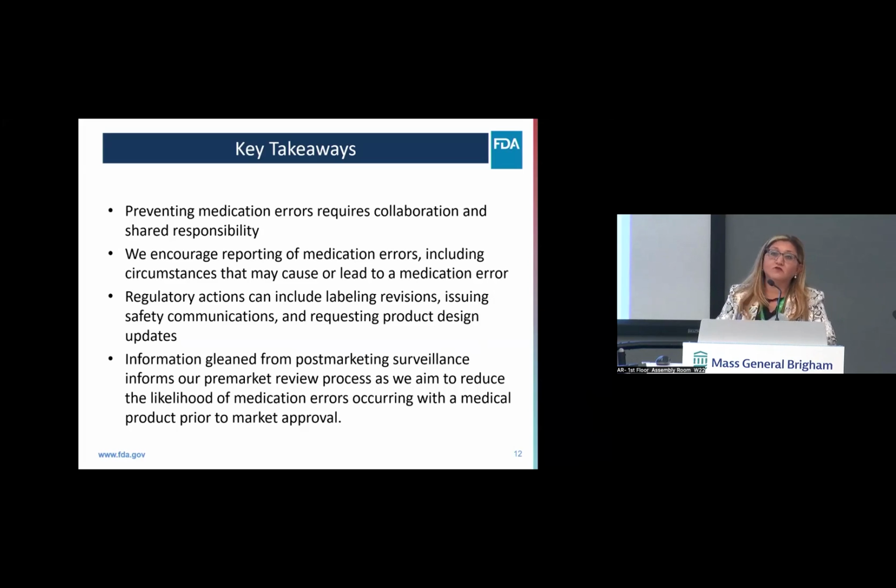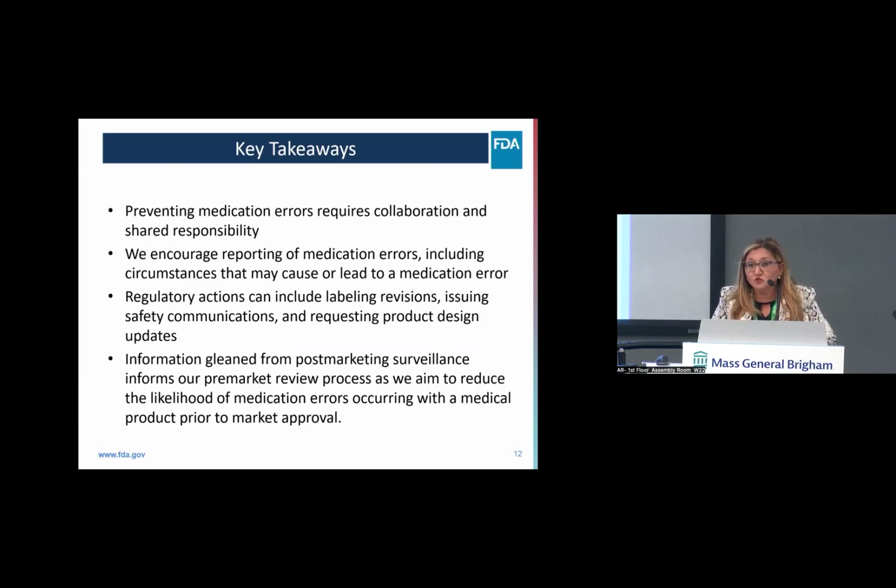And regulatory actions that FDA might take may include revisions to the product container label, carton labeling, instructions for use, prescribing information, as well as safety communication, and requesting product design updates that may include repackaging or other aspects of the product.